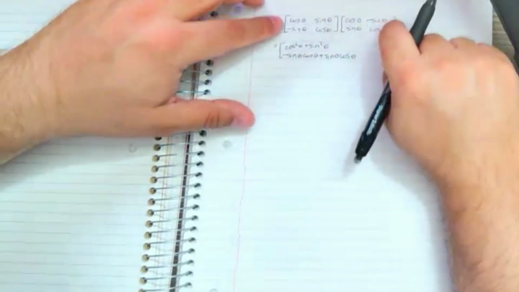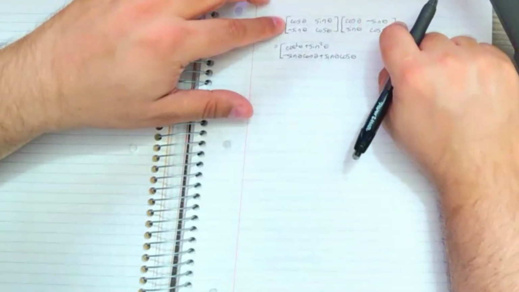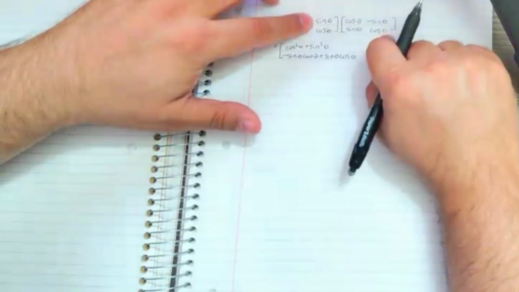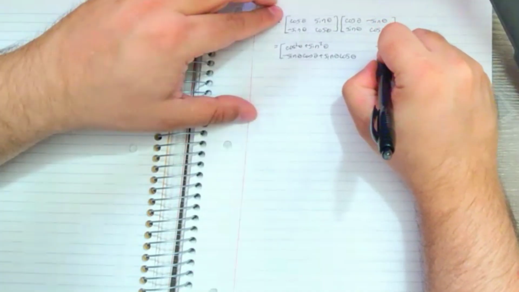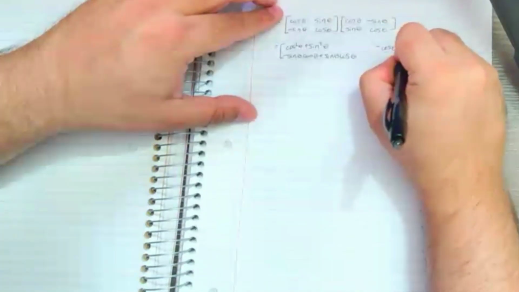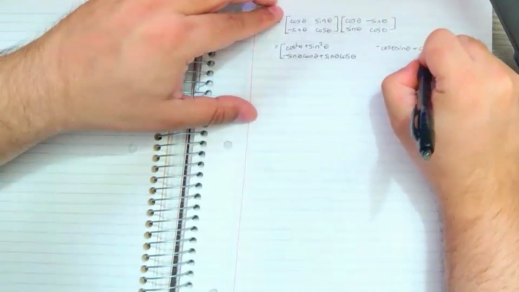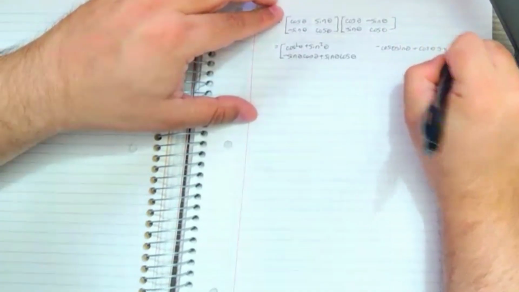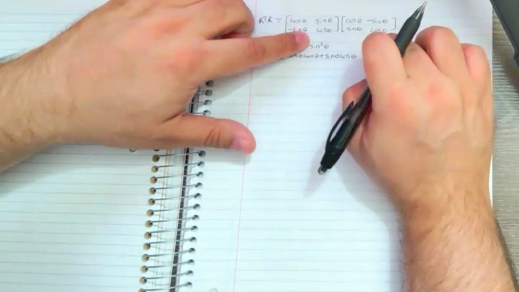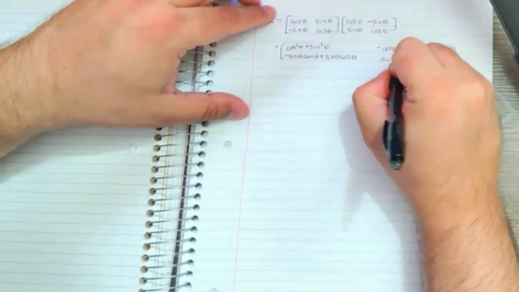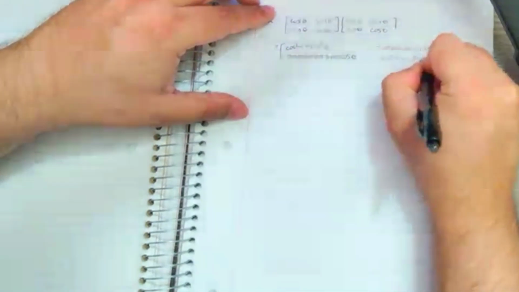Now second column, negative cosine theta times sine theta plus cosine theta times sine theta. And finally, sine squared theta plus cosine squared theta. And again, this is the identity matrix.